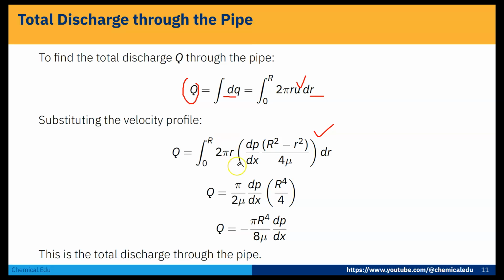Here there will be some minus sign, so Q is equal to minus pi by 8 mu times dp by dx times R to the fourth. Now this is the total discharge through the pipe.